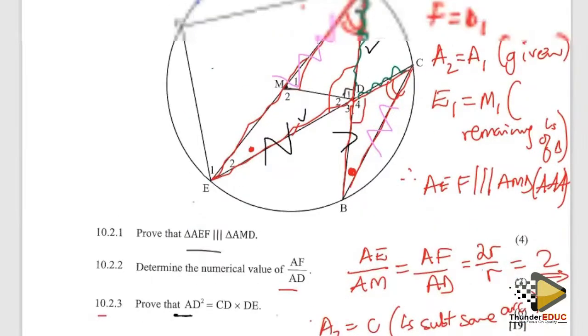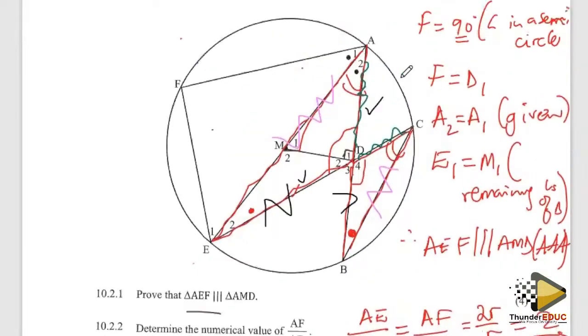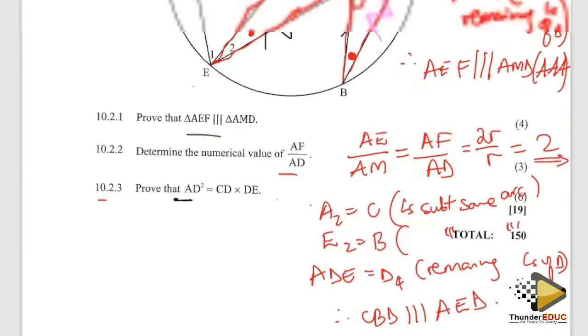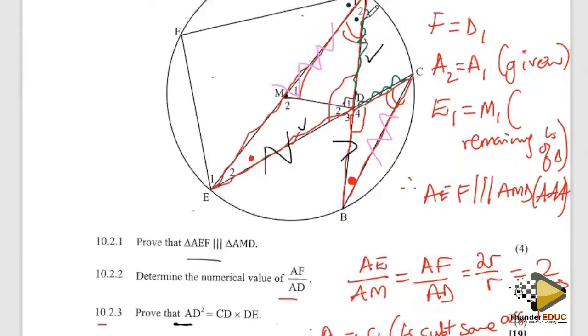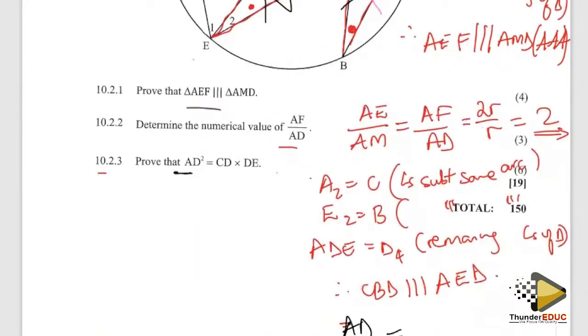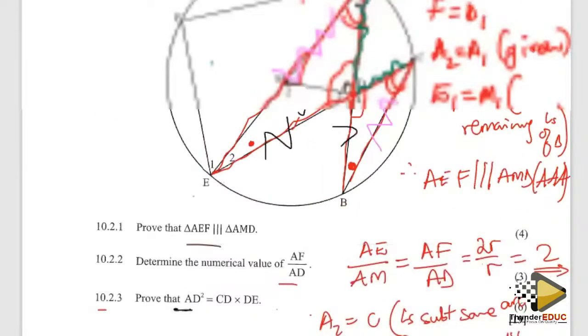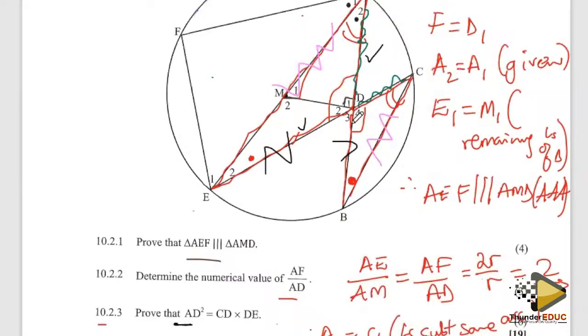So what am I going to do? I'm going to say AD divided by CD must give me, AD was from the big triangle, must give me the ED or DE over the small side, which is BD or DB.